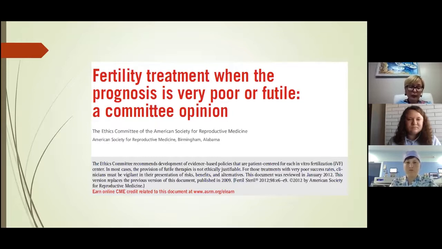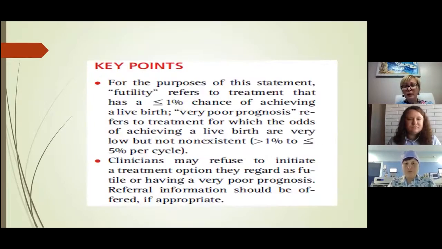Also, it is important to talk if we have a very poor prognosis of fertility. There was a paper done by the American Society of Reproductive Medicine, and they write that it is very important to inform people if the chance of pregnancy with their own egg is less than 1%.